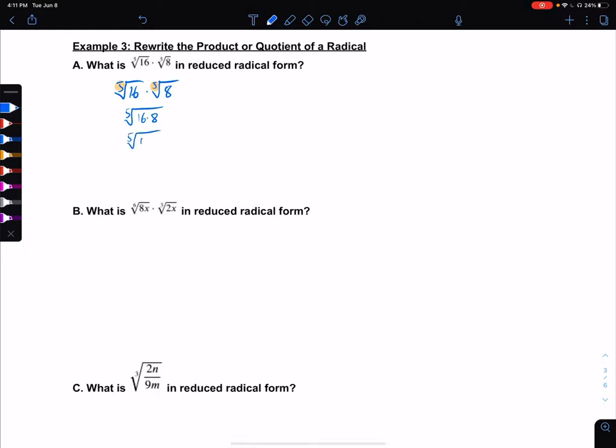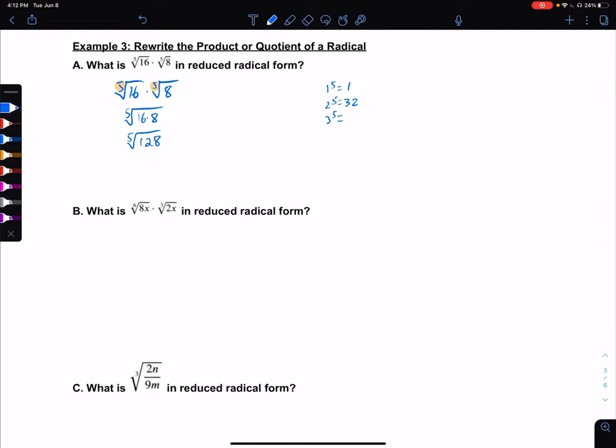16 times 8 is 132. Sorry, that's not true. 128. And then what we need to look for is, are there any perfect fifth roots that go into 128? 1 to the fifth would be 1, 2 to the fifth is 32, 3 to the fifth is something larger than 128.